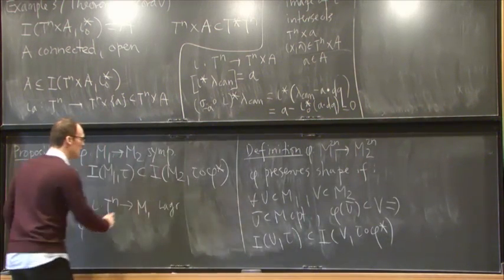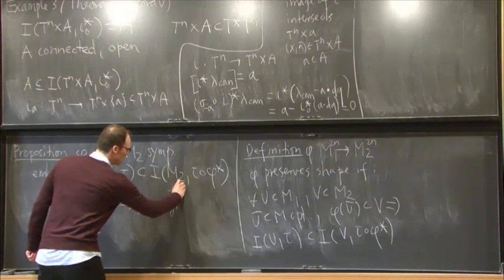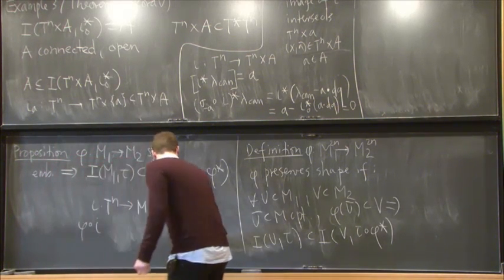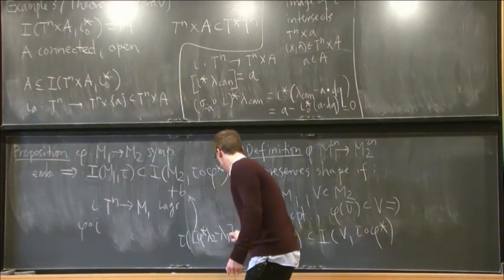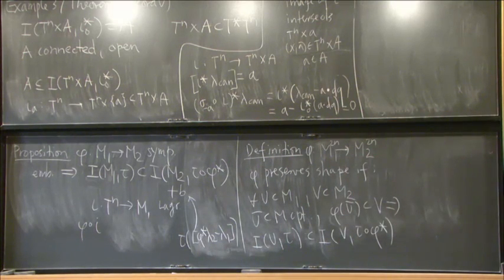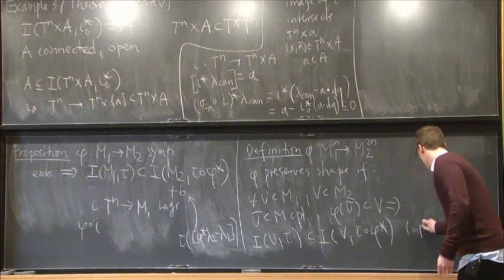So this is up to translation. So I should say it's contained in this plus B, and this vector B here is just tau of phi star of lambda 2 minus lambda 1. So inclusion really means up to a fixed translation, but that vector B really depends only on which one form lambda 1 I choose to compute the shape. So it's not really a great issue that this inclusion holds up to that fixed translation by some vector. And the same thing here, so I should say up to translation.